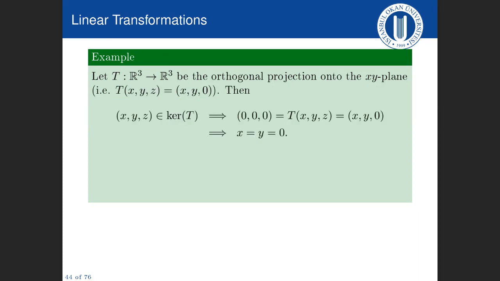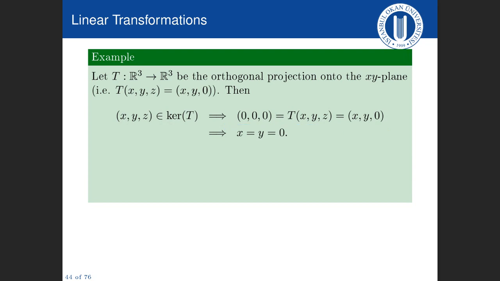I want to start by finding the kernel of T. Kernel means the vectors which map to 0. So we're trying to find the x, y, and z such that T of (x, y, z) is equal to (0, 0, 0). But our formula is that T of (x, y, z) is (x, y, 0).